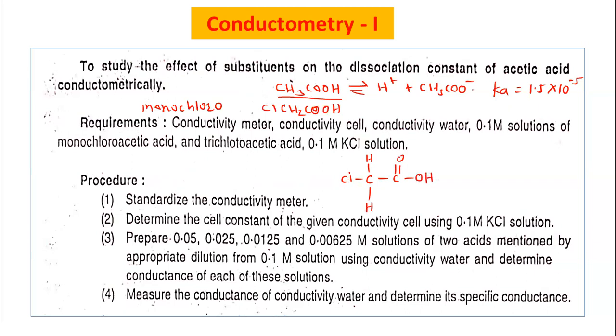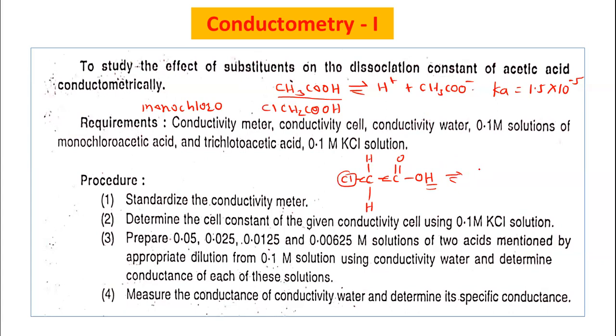Due to the electron withdrawing nature of chlorine, the electron density is shifted towards the chlorine. Therefore, this hydrogen is dissociated, or the monochloroacetic acid loses the proton more easily as compared to acetic acid.